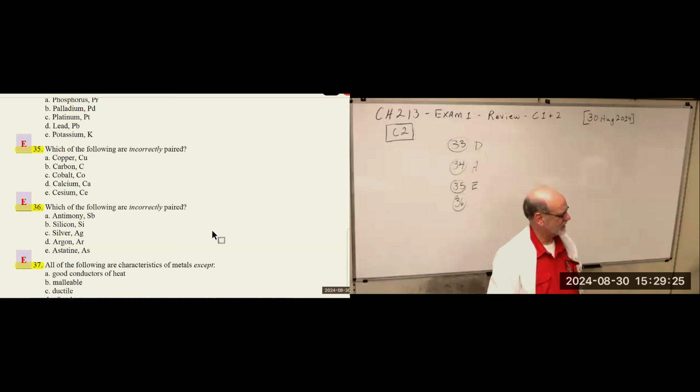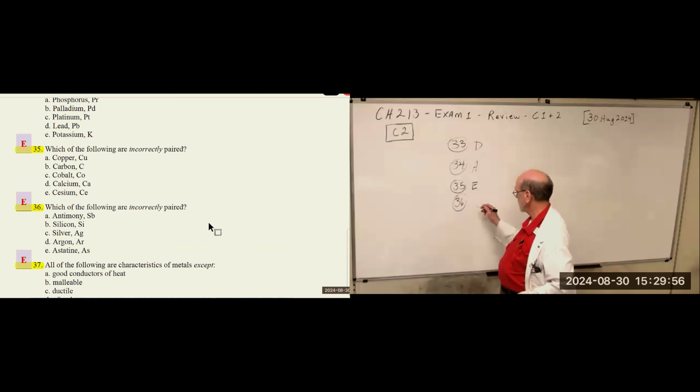You get more radioactive elements as they get heavier. That's one rule. The other rule is proton-neutron ratio. So you get Tc, which is technetium. It's radioactive, but it's a fairly light element. Its ratio of protons to neutrons is wrong, let's put it that way. All right, so E is the wrong one for 36.